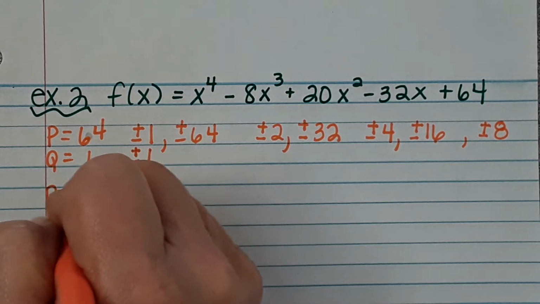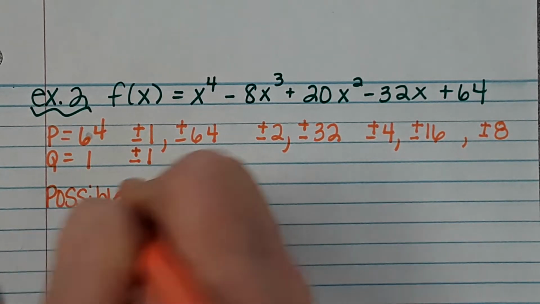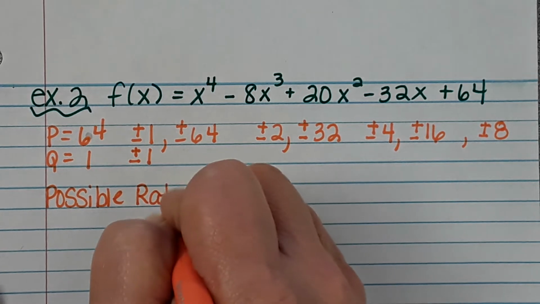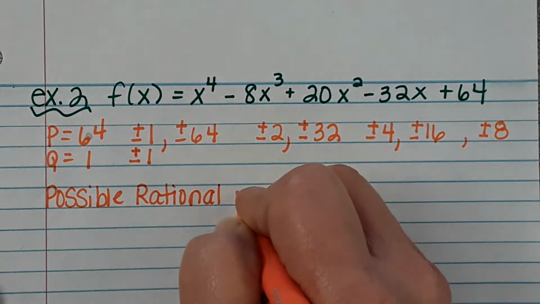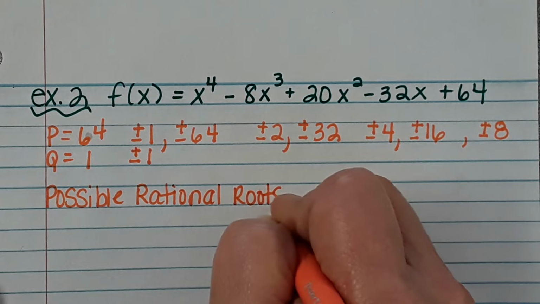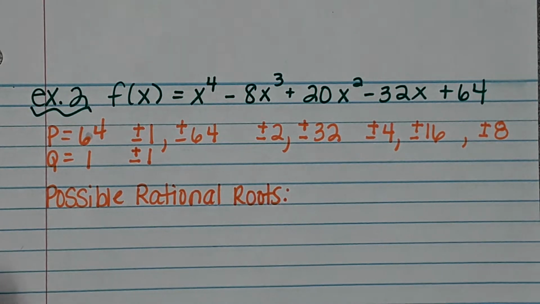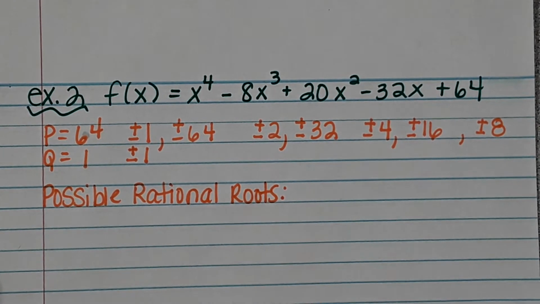So the next thing that we have is our possible rational roots. I'm not saying these are rational roots. These are possible rational roots. So any of these numbers could be our roots. And we're going to put them in order from least to greatest.